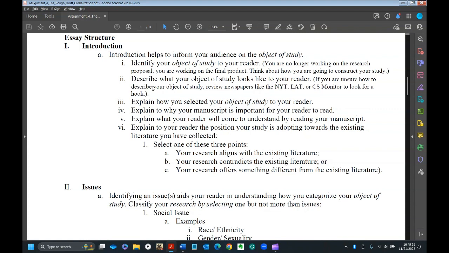In turn, this allows your reader to understand your train of thought and how you are thinking about your topic, whatever that may be.